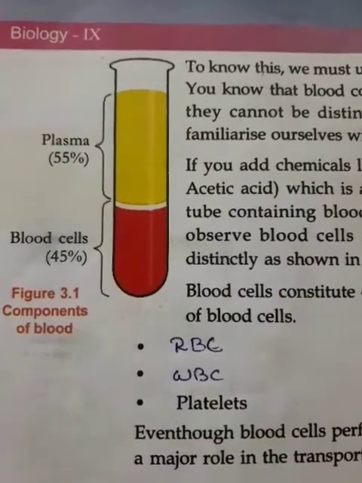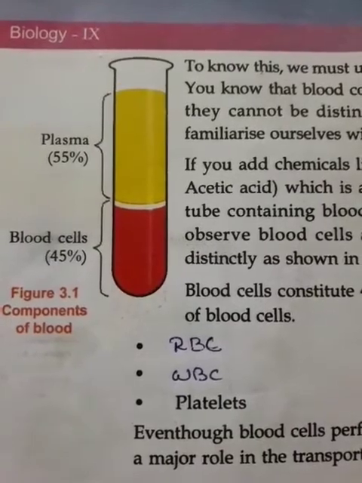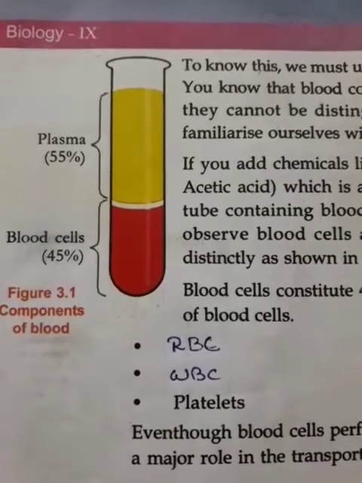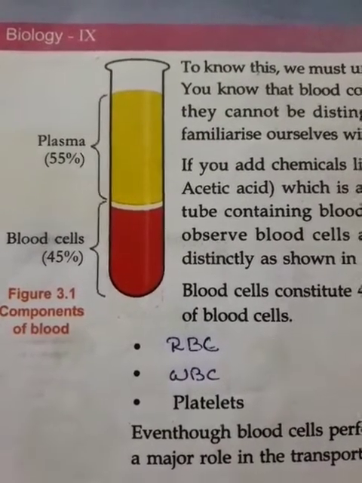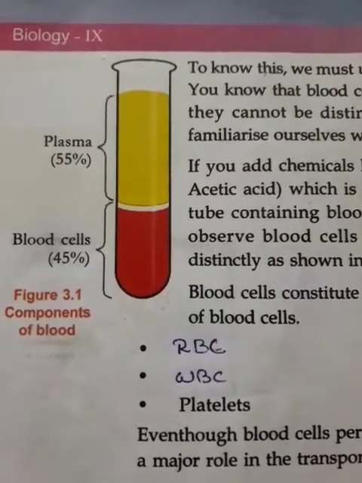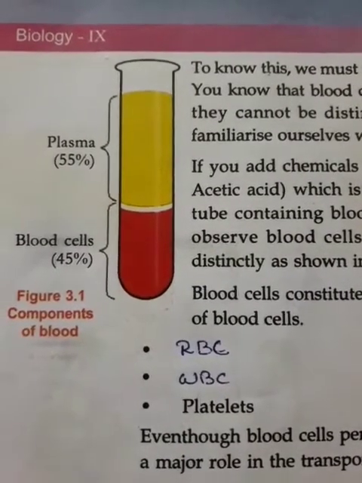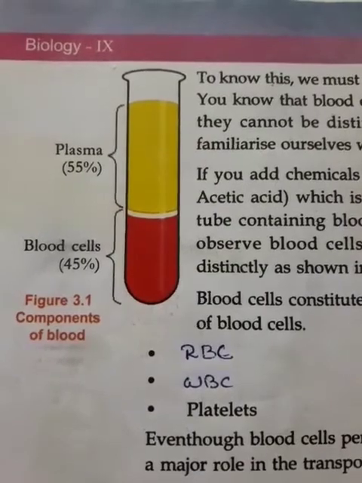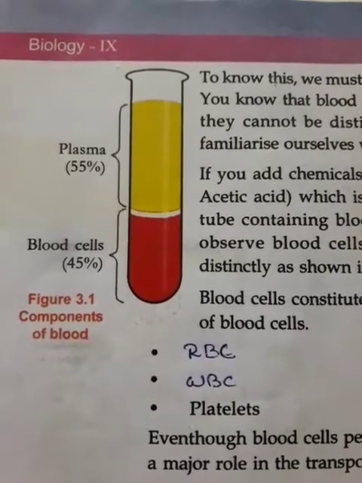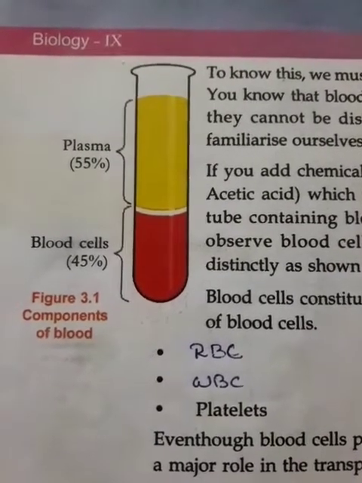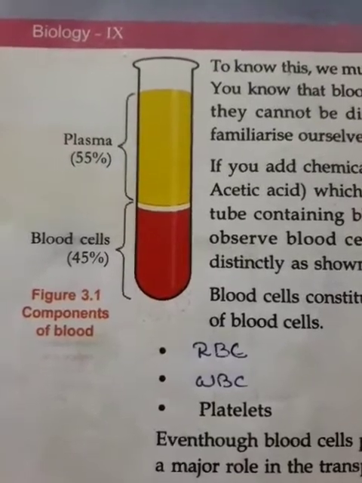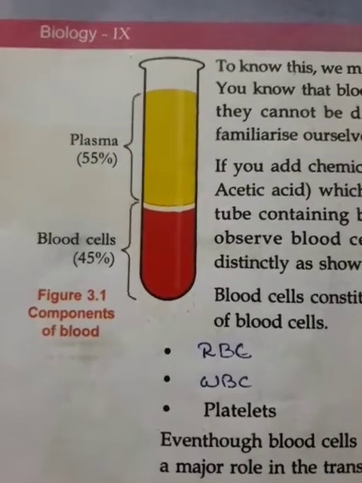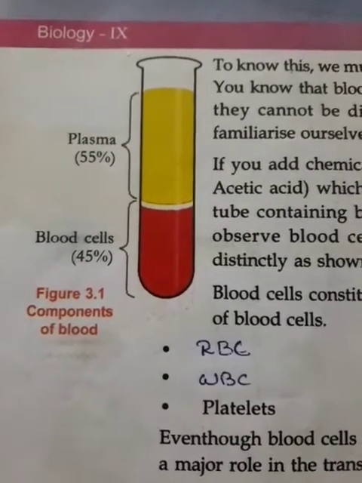This shows the components of blood in a test tube. 55% is the plasma, the remaining 45% is blood cells. Plasma is the straw yellow colored fluid that constitutes 55% of blood.